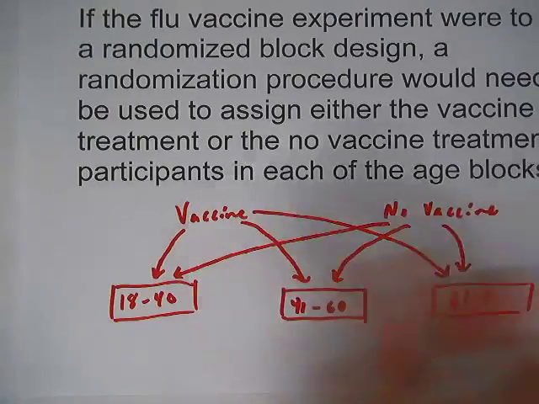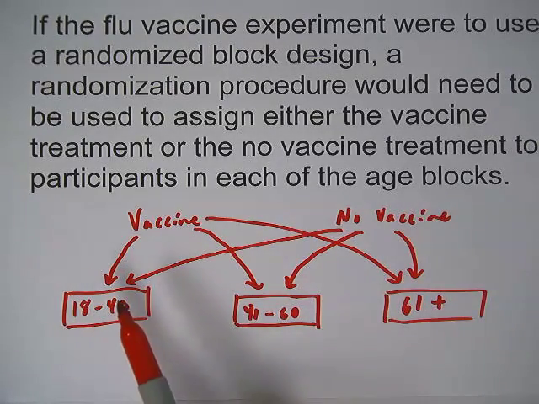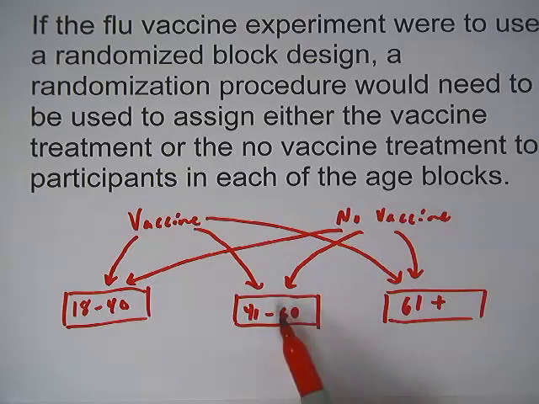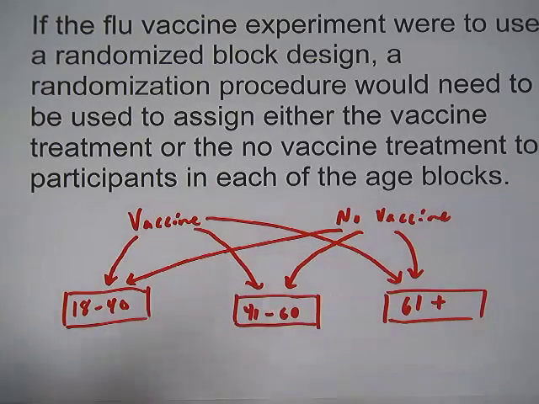So if we go back to this experiment, we're going to have probably a pretty large sample here. But if we break them into these 3 blocks, each of the block sample sizes will be much smaller than the original sample in general. So we may not be able to come to those same definitive conclusions that we would if we had all of these as one group.